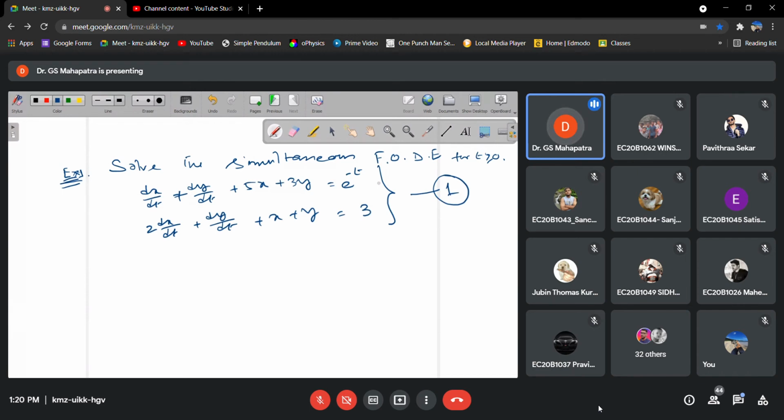Of course, all the coefficients are constant: 1, 1, 5, 3, 2, 1, 1, 1. These are the coefficients.